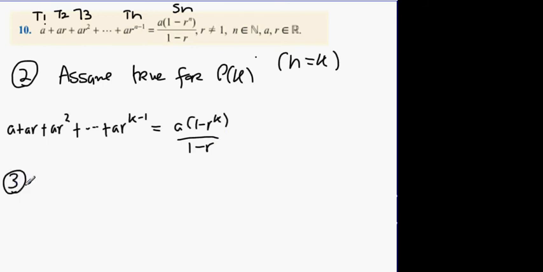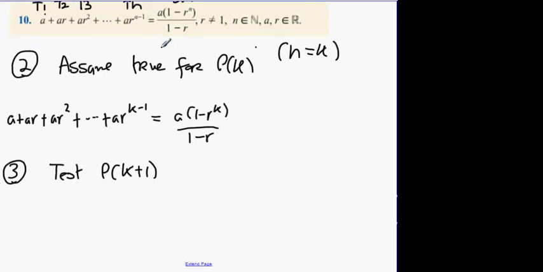Now part 3 is test P of k plus 1. When you test P of k plus 1, remember P of k is everything from T1, T2, plus dot dot dot all the way up to Tk.